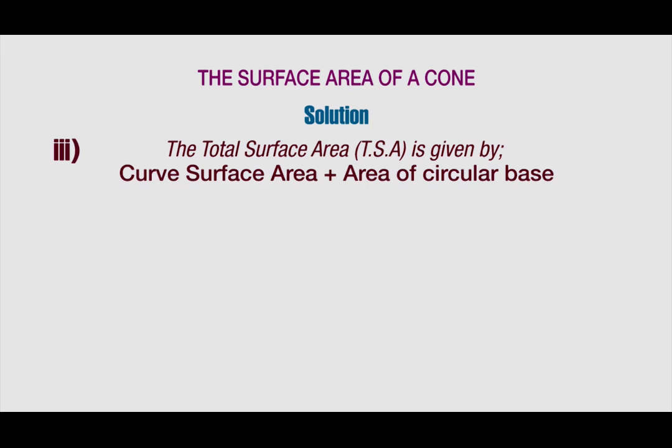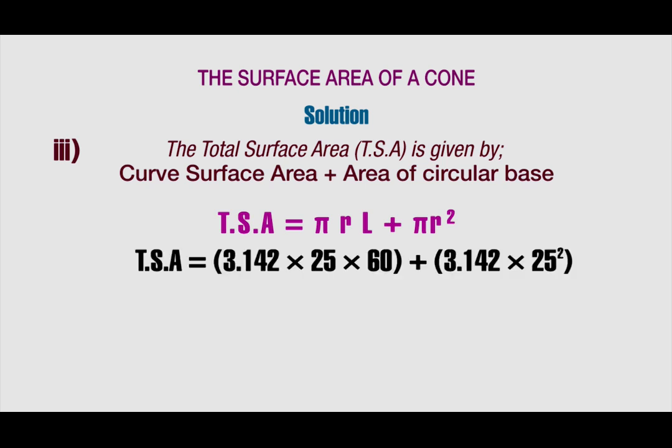The next question is to find the total surface area, which is given by the curved surface area plus the circular base. So we have our total surface area equals pi rL plus pi r squared. Making the appropriate substitutions, we have total surface area equals 3.142 multiplied by 25 multiplied by 60 plus 3.142 multiplied by 25 squared.